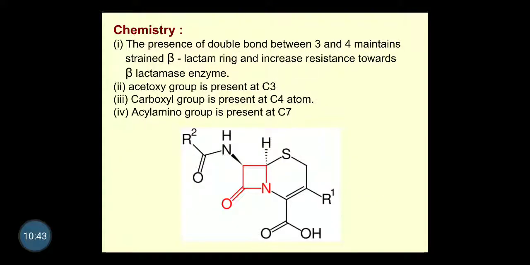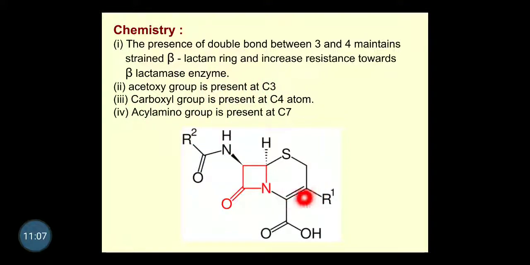We have discussed this common structure of cephalosporin types of antibiotics, the heterocyclic ring present in all of them. Now this is the general chemistry regarding all cephalosporin types of antibiotics. The presence of the double bond between 3 and 4 maintains the strain of the beta-lactam ring, and it increases the resistance toward beta-lactamase enzymes.